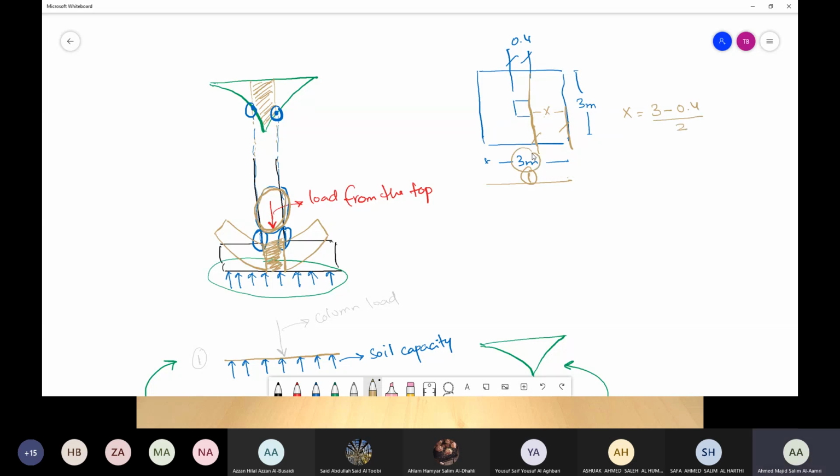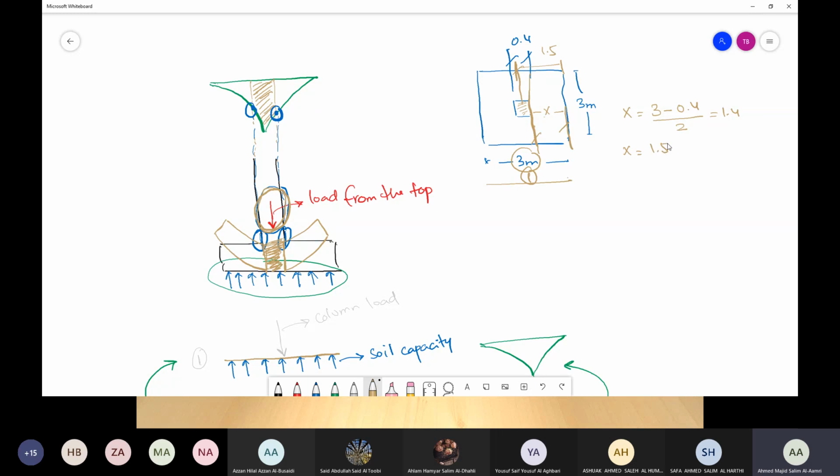So the whole thing, 3 meters minus 0.4, which is the column, divided by 2, which will give you 1.3. Or you can calculate it as well: x is the distance from the beginning of the foundation till half of the column, is going to be 1.5 meter.